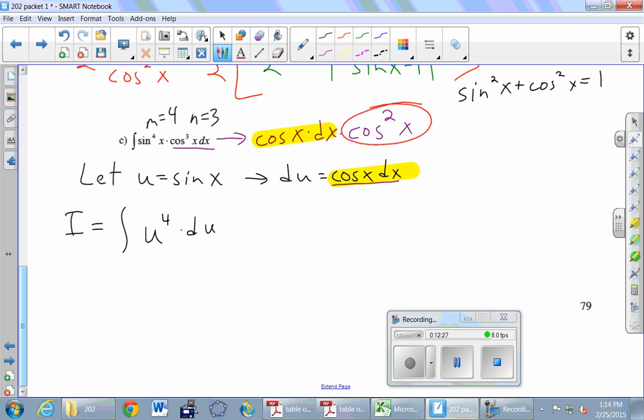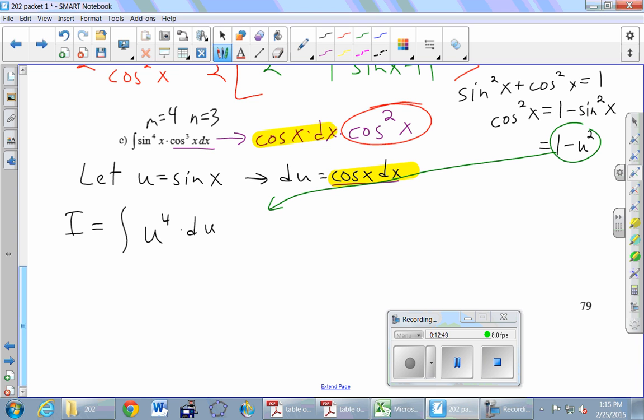Which means that this cosine squared that I'm trying to replace is really the same as what? 1 minus sine squared, which is 1 minus u squared. That's the key, right? 1 minus sine squared, and then sine becomes u. So this is 1 minus u squared. And so that guy will come right in here.